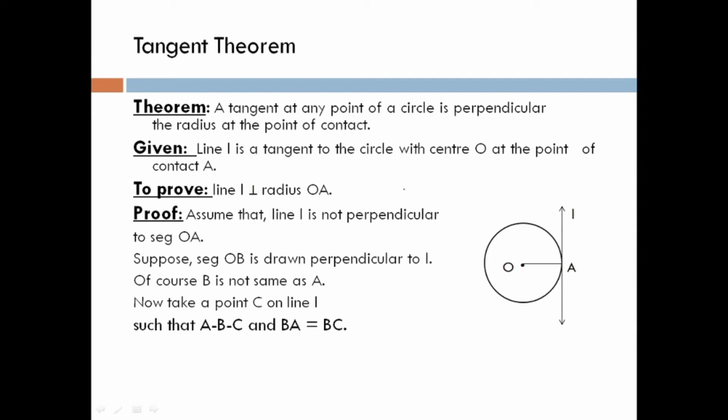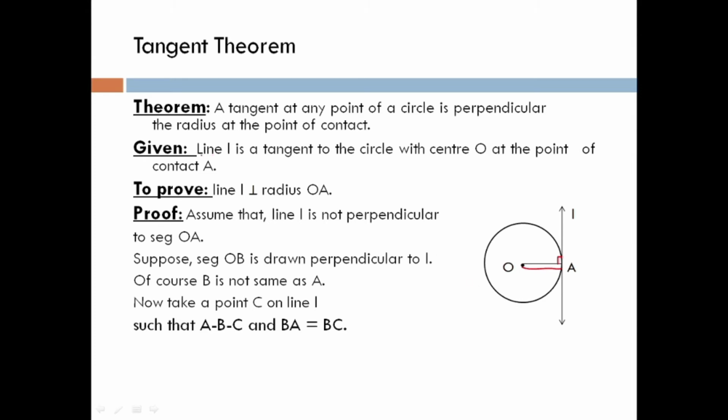Now in the tangent theorem, we have read the statement: a tangent at any point of a circle is perpendicular to the radius at the point of contact. Now what they have said is, if this is the tangent, that is the line L, and OA is the radius of the circle, then this radius is perpendicular to the tangent of the circle. Right?